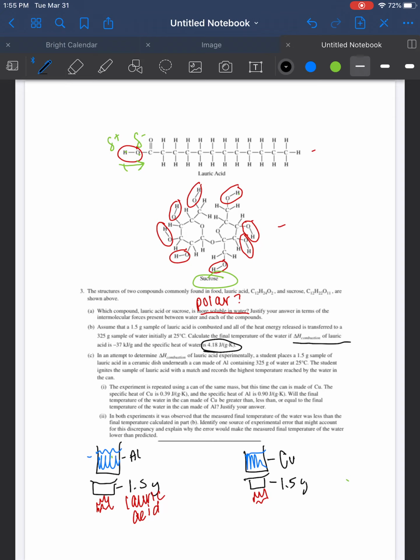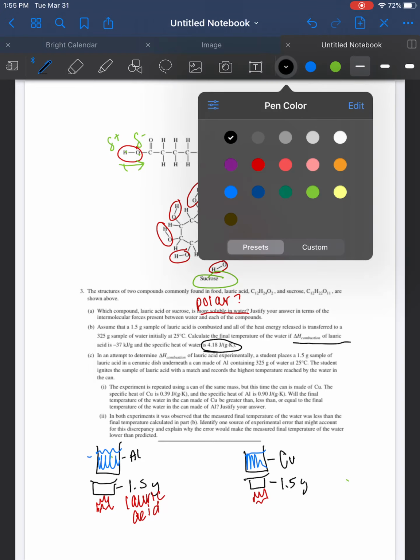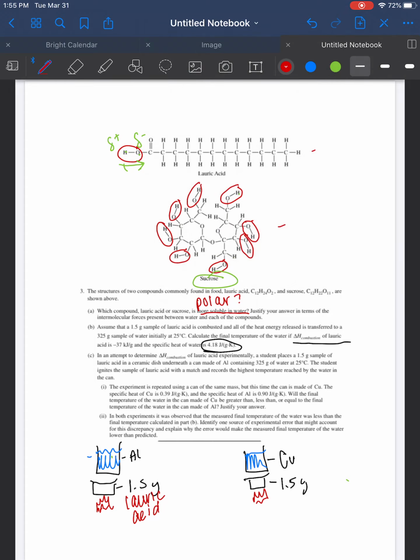One of the possible sources of error could be that some heat was lost to the environment, right? This isn't going to be a perfect experiment, so maybe some heat escaped during the combustion, maybe some heat left here and didn't 100% enter the aluminum can and the water, or same thing here.